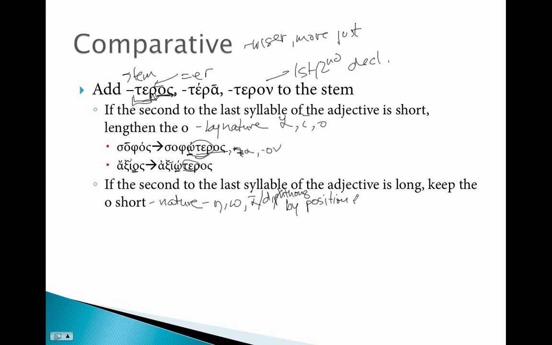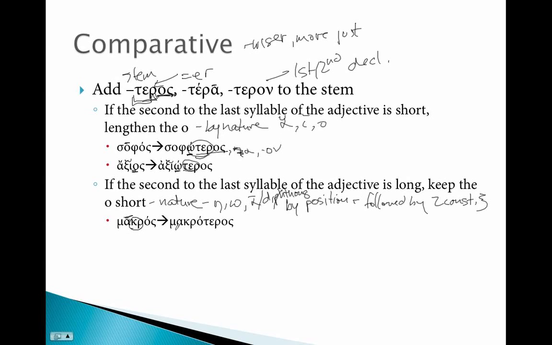But long by position is if it's followed by two consonants, or a letter that is made up of two consonants, like xi. So let's take a look at some of these. Makros, big. Well, this alpha is long by position because it's followed by kappa and rho in a row, two consonants.